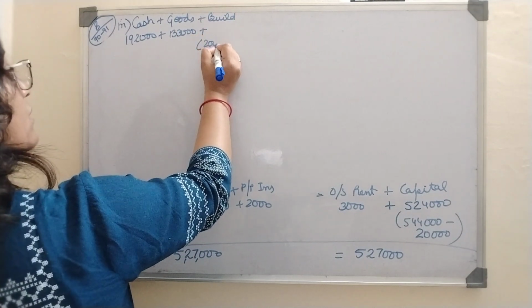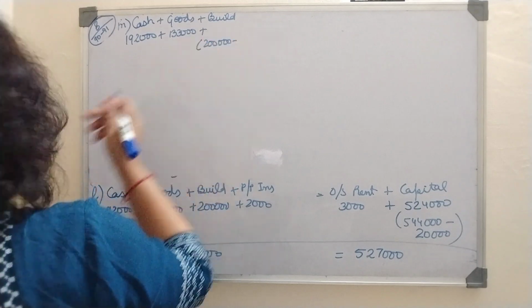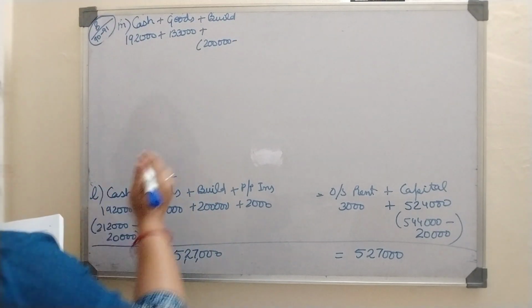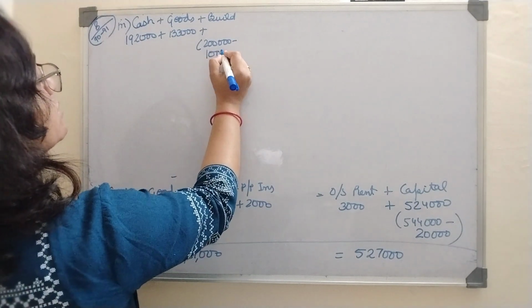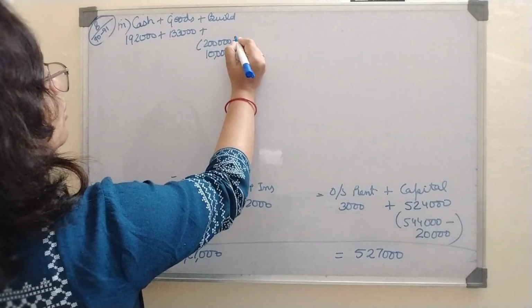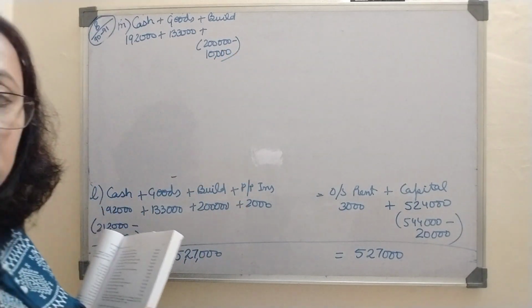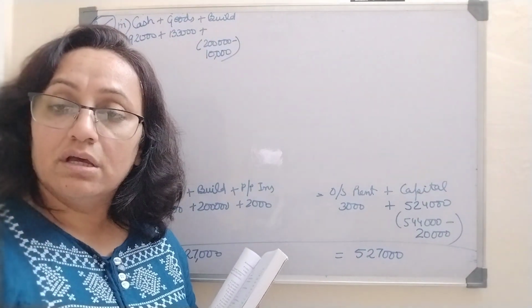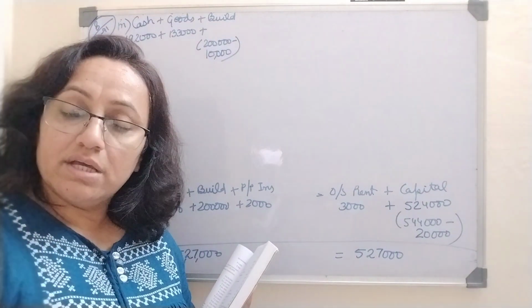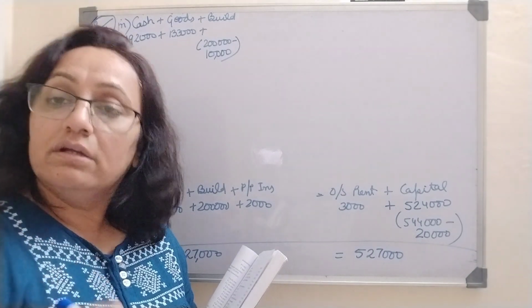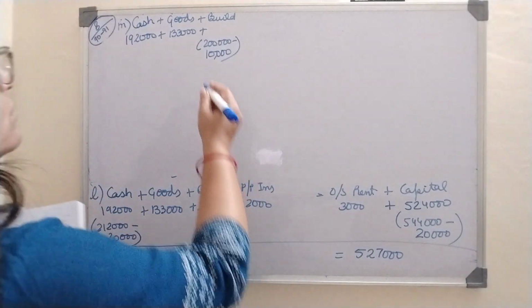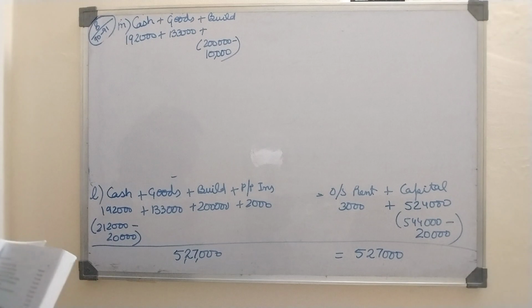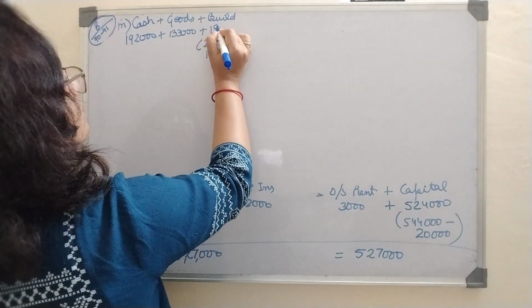Building is 2 lakh minus depreciation 10,000. Depreciation is the wear and tear of the fixed asset. Because of its usage, the value of that asset decreases, right? So 2 lakh minus 10,000 makes it 1,90,000.